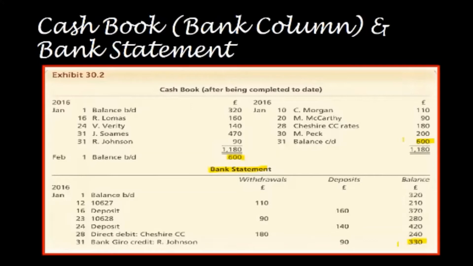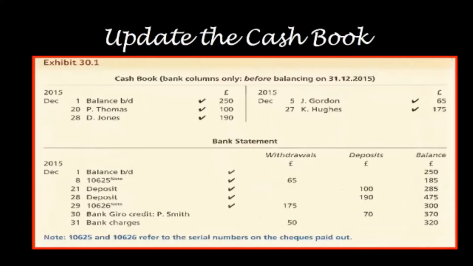Now, there are two stages in doing a bank reconciliation. The first thing you have to do is update your cash book to the date of the bank statement. And before you can update your cash book, you have to find the items that you don't have in your cash book that are recorded on the bank statement.